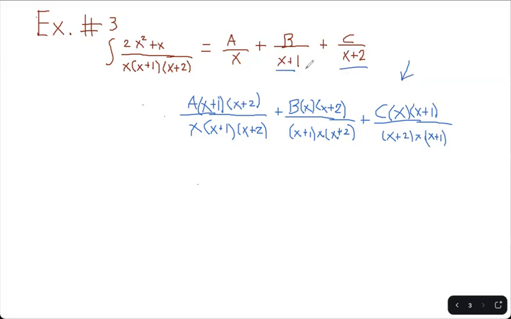You might have some cases where you only need to multiply one of these values, right, to match the exponent. Word of advice, I would pay attention to the denominators. If it looks like this, multiply them all into it.